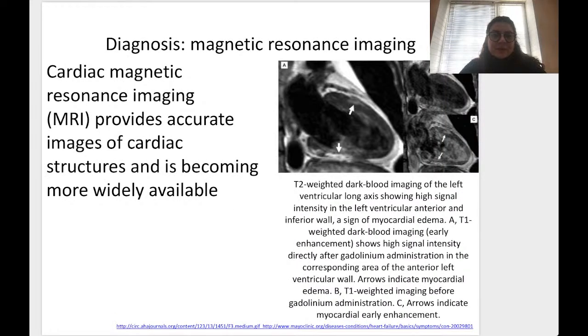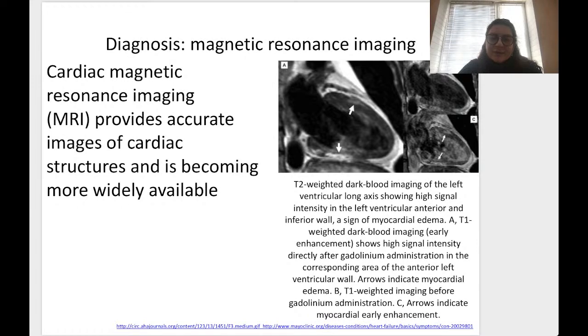MRI imaging provides accurate images of cardiac structures and is becoming more widely available. On the picture you see T2 weighted dark blood imaging of the left ventricle long axis showing high signal intensity of the left ventricle anterior and inferior wall, a sign of myocardial edema.